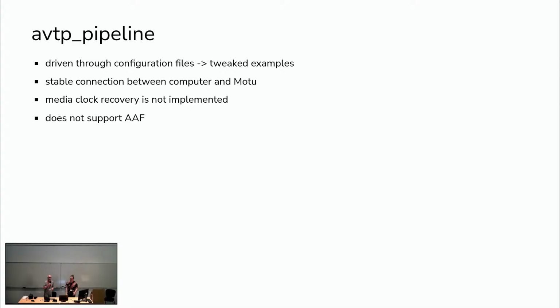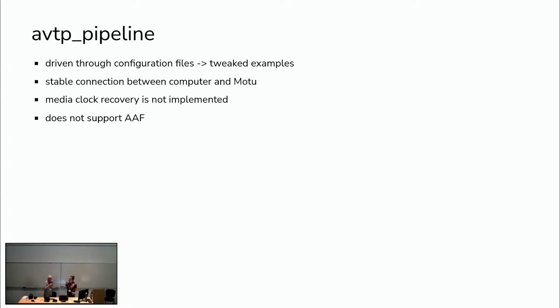There are a few examples that you can run with a configuration file, and that gets you up and running really fast. So I tweaked the examples, and I managed to get a stable connection to and from one of these old MOTU interfaces, which is what we wanted. Once it's running, it kept running for days, so that was very encouraging.